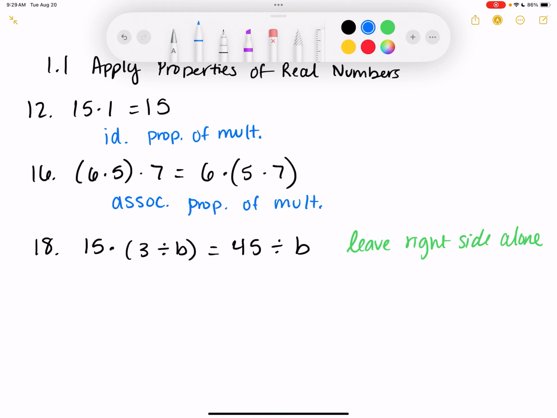So I need to first and foremost rewrite the 3 divided by b as 3 times 1 over b. That's the first step. So 15 times, in parentheses, 3 times 1 over b. And this is probably not one that you had written in your notes, but that's just the definition of division. And so the reason for that is definition of division.